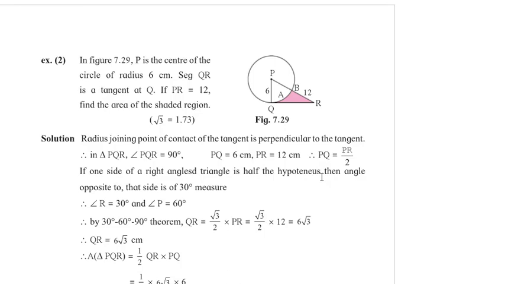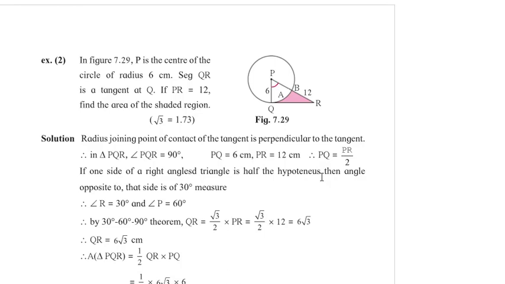First you have to observe the diagram and on the diagram only you have to find how you can calculate this area of shaded region. Now area of this shaded region can be found by subtracting this area of sector from this area of triangle. Now here in this case we don't know this central angle, right?